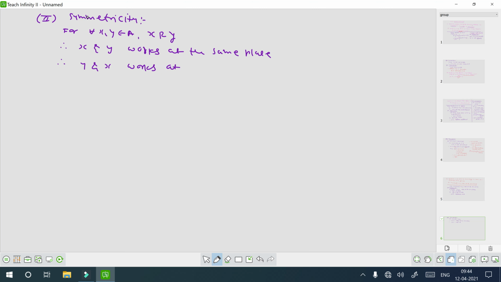X and y work at the same place, and y and z also work at the same place.